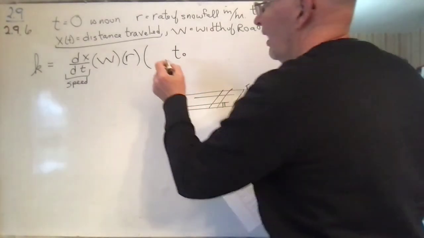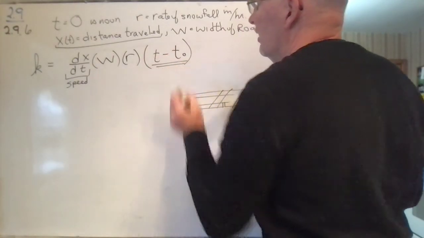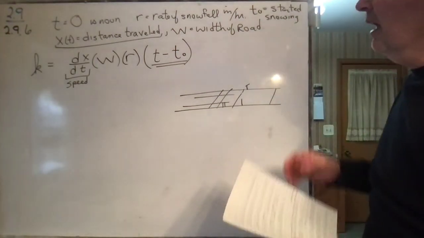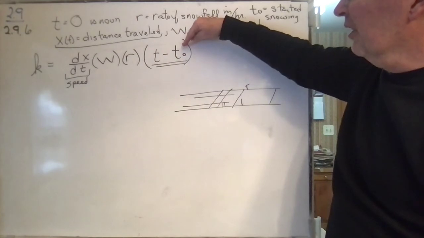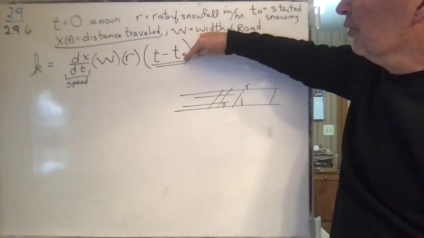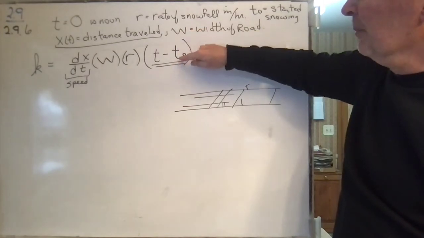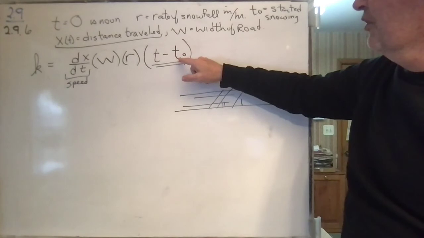At any time t, t minus T naught is how long it's been snowing. For example, if it started before noon, this is going to be a negative number, because noon is 0.